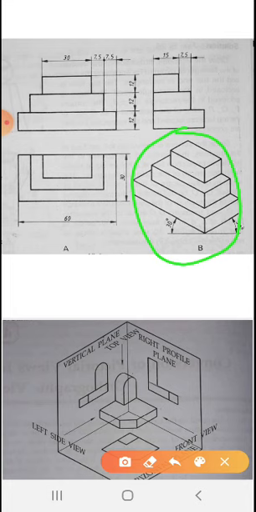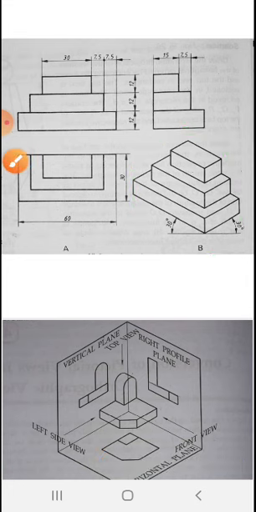The meaning of pictorial view is that the length and the breadth lines are drawn at 30 degrees to the horizontal, and the height line is perpendicular to the horizontal, then it is called an isometric view.